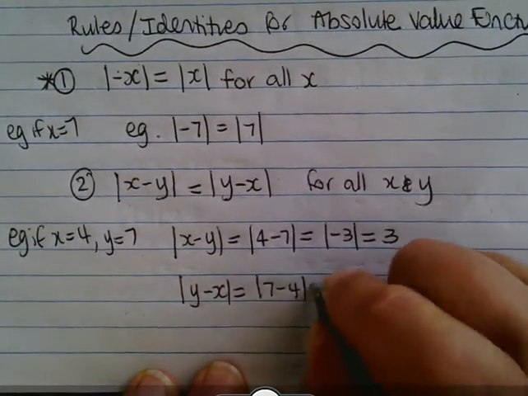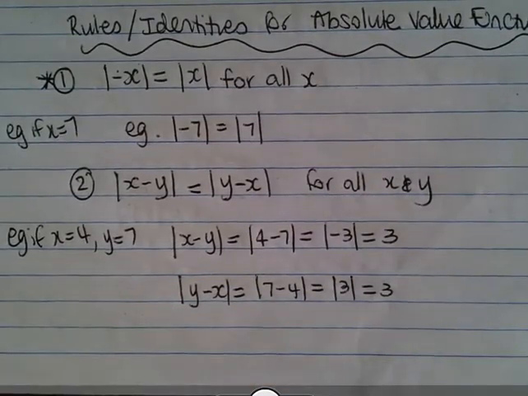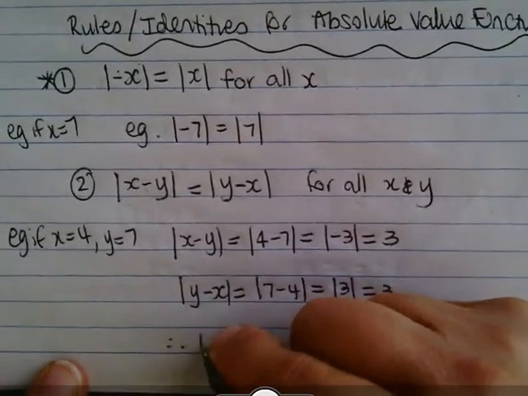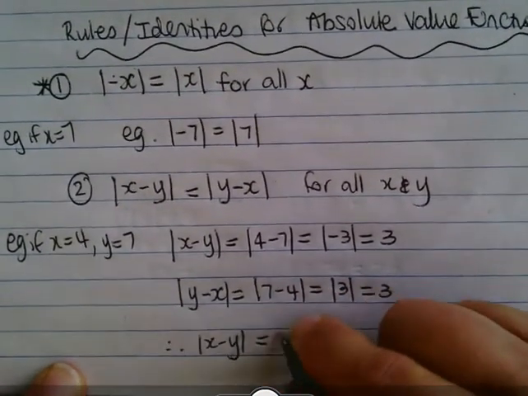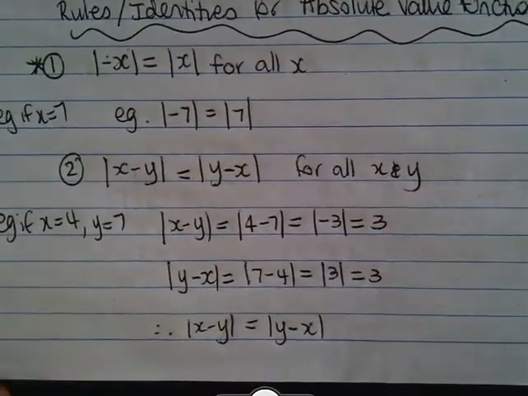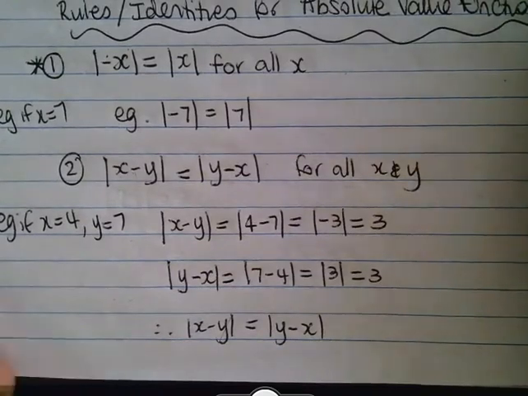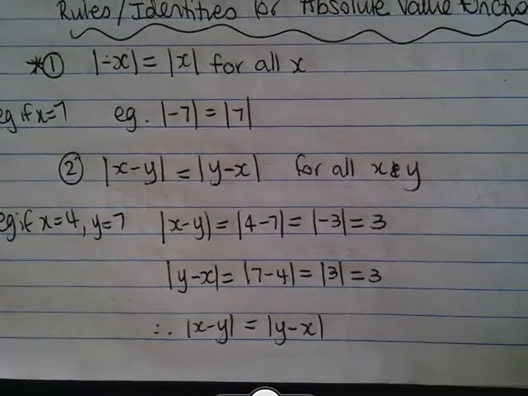That's 7 minus 4, which is absolute value of 3, which is also 3. So I can now say absolute value of x minus y equals absolute value of y minus x. So that's the rule. It's the next two that I'm interested in more so.